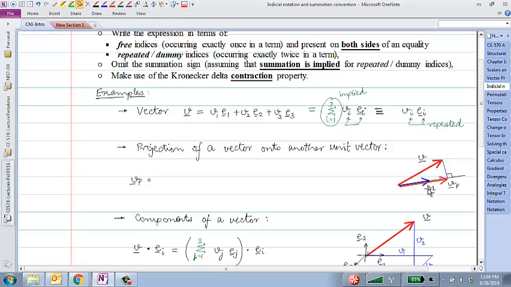So cos theta means essentially you are trying to use the dot product, right? If I were to do V dot n, that would be the magnitude of this guy, right? So is that correct? Vector VP is equal to V dot n. Is that correct?